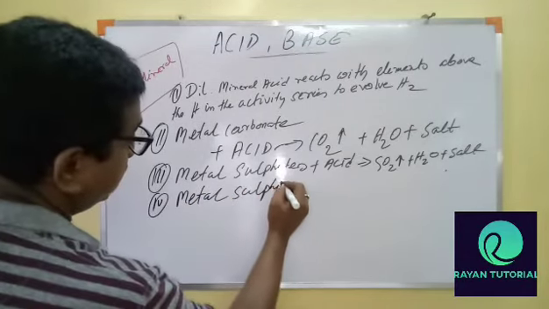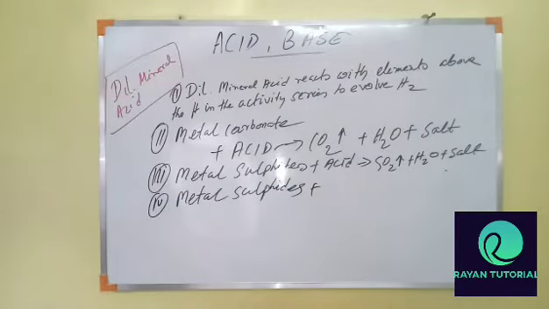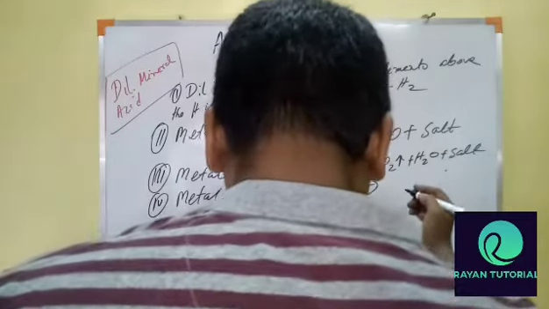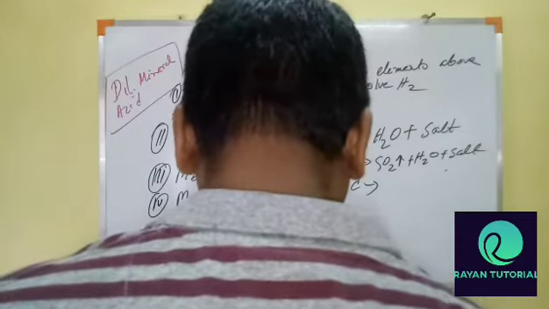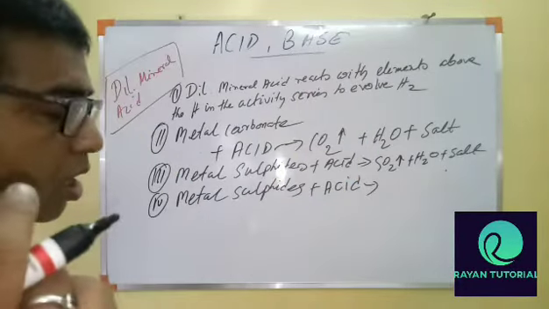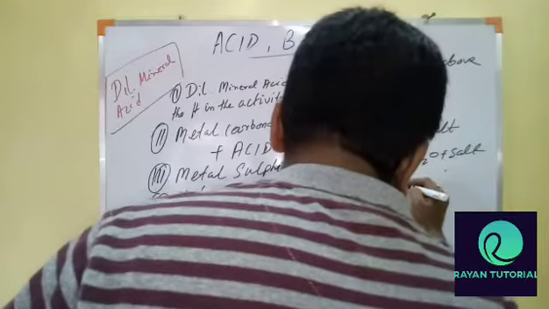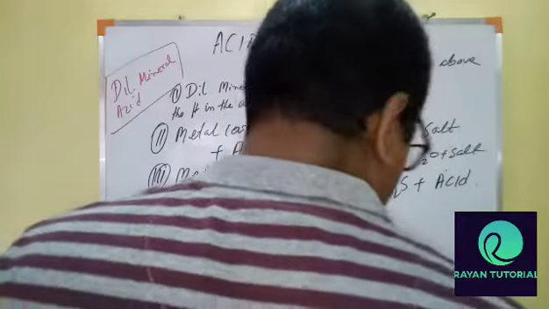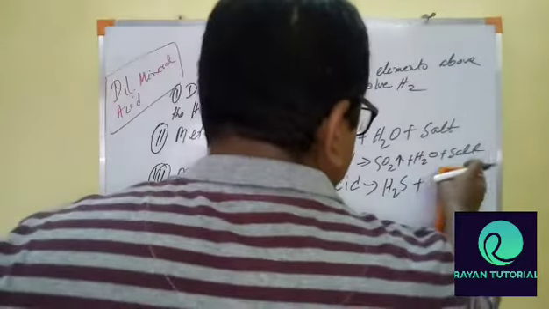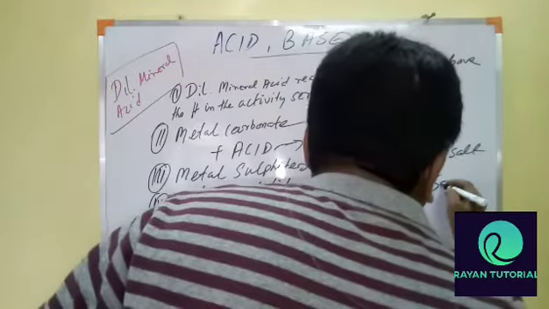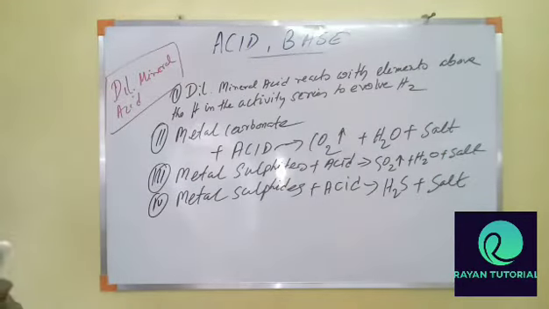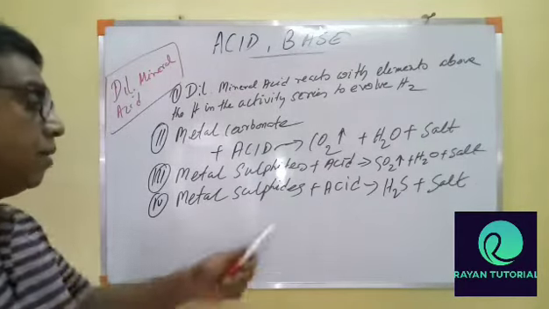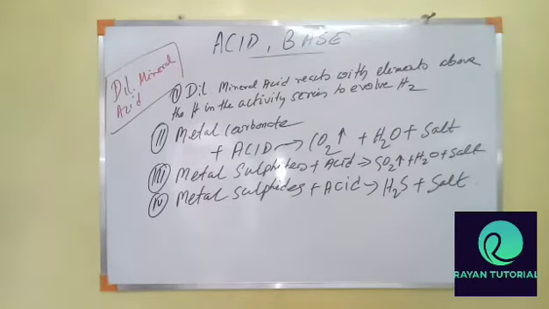Metal sulfides plus acid will give you hydrogen sulfide plus salt.